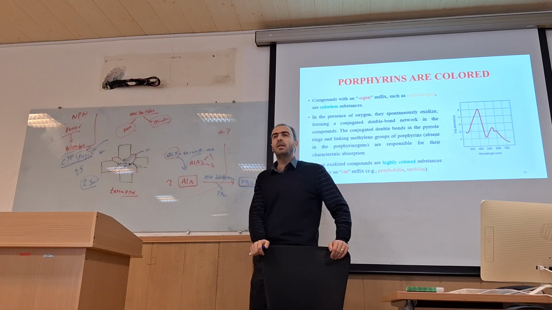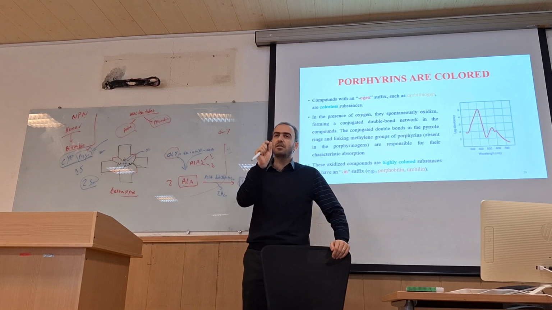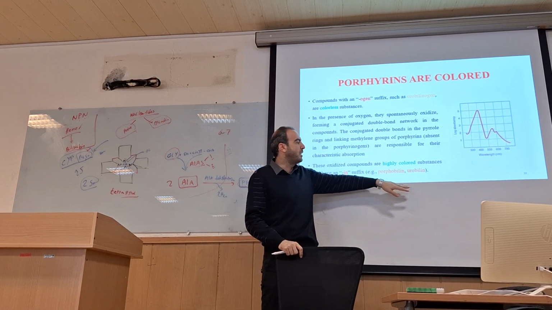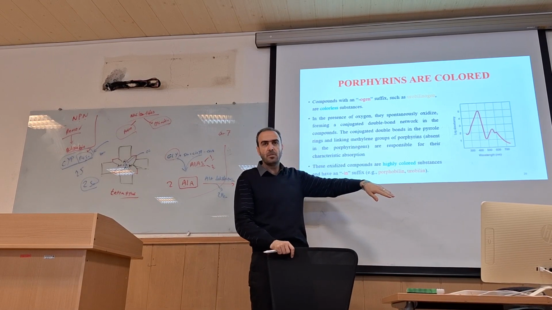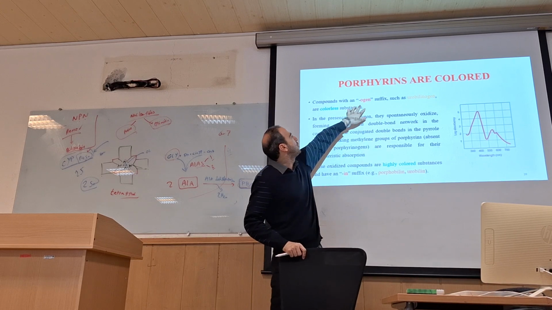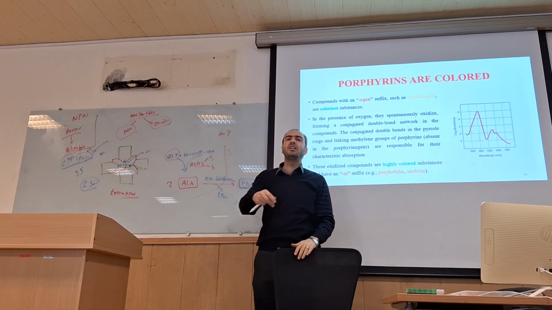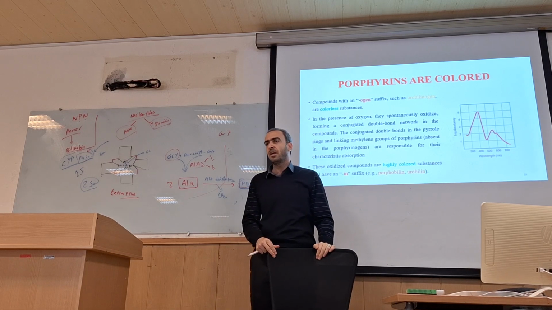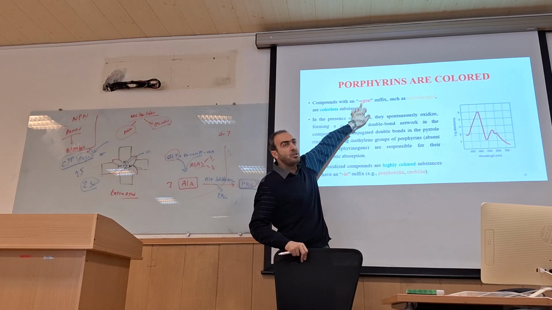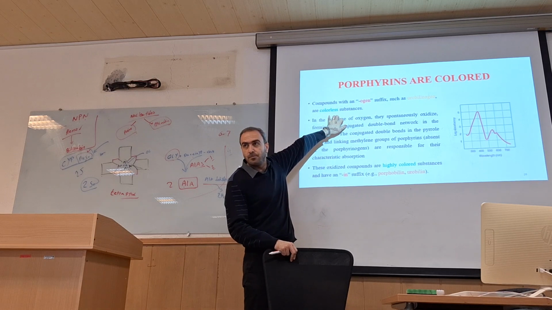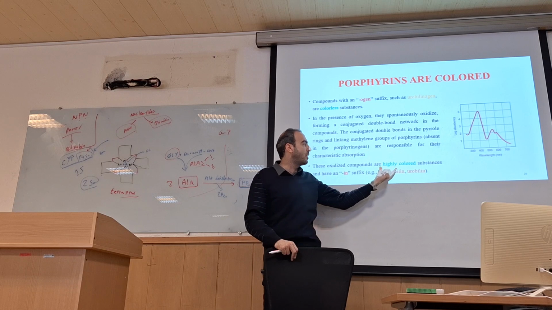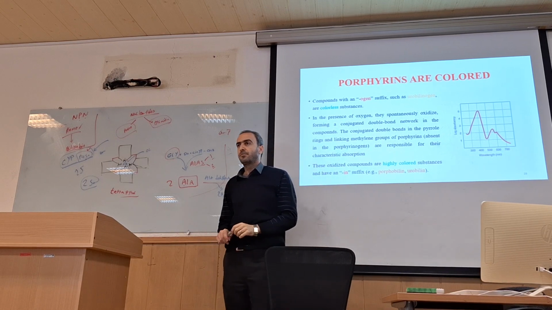Some molecules have the suffix -in, like porphobilin, urobilin. Some of them have the suffix -ogen, like porphobilinogen, urobilinogen, coproporphyrinogen, and so on. Those with -ogen are colorless, and those with the -in suffix are colored.